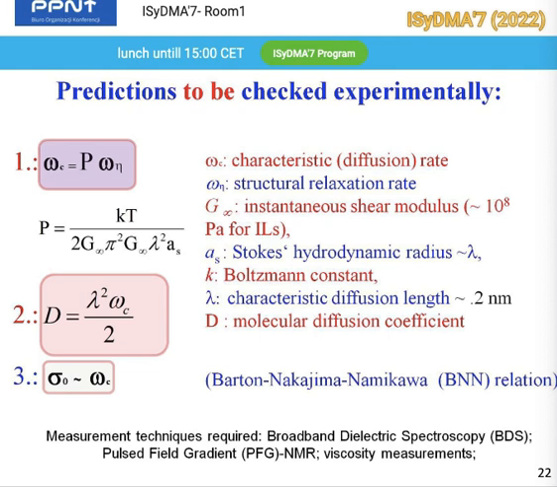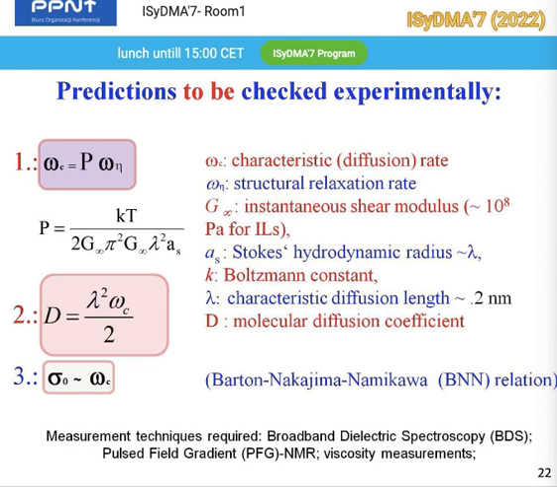Additionally, we can formulate a prediction between the diffusion rate and the hopping rate, or the characteristic diffusion rate omega C. And of course, there is also the Barton-Nakajima-Namikawa BNN relationship between the conductivity and omega C.